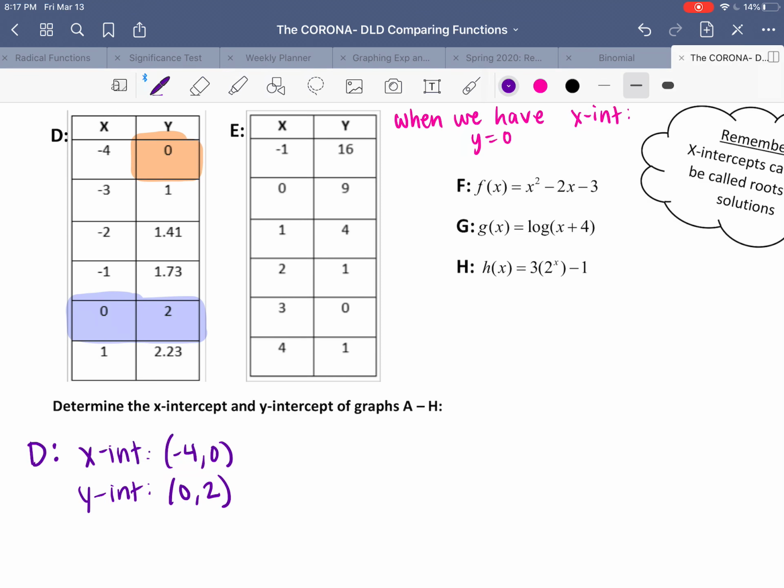And the same thing for E. We need to first look at when y is 0. That means we're going to be on the x-axis, so it's going to be at (3, 0). And our y-intercept is going to be at (0, 9).